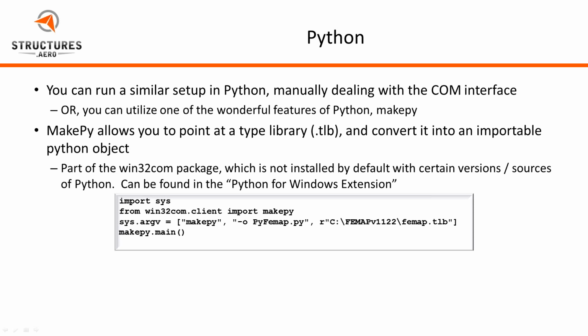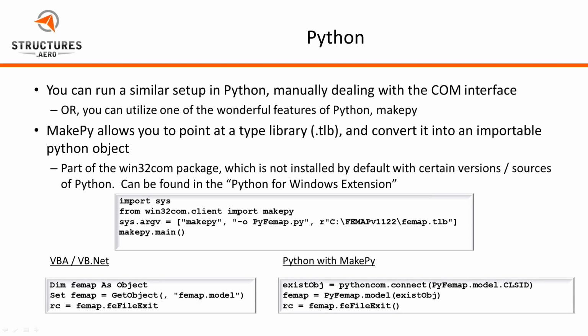And then we need to point it to the type library. And please note that the r in front of that, if you're not super familiar with Python, is not a typo. That is just saying this is a raw string, so we don't have to escape any of the backslashes and things like that. Makes it much easier to type a directory, or in this case, a file with path. And then we're going to tell MakePy to run.